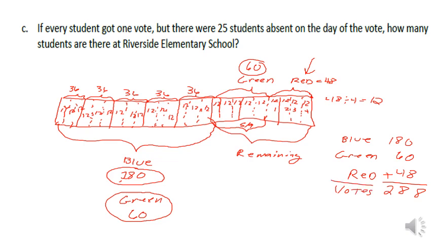But now it says there were 25 students absent on that day. So if I add the 25 students, 8 and 5 is 13, carry 1, 8 and 2 is 10, plus 1 is 11, carry 1, we end up with 313 students total at the school.